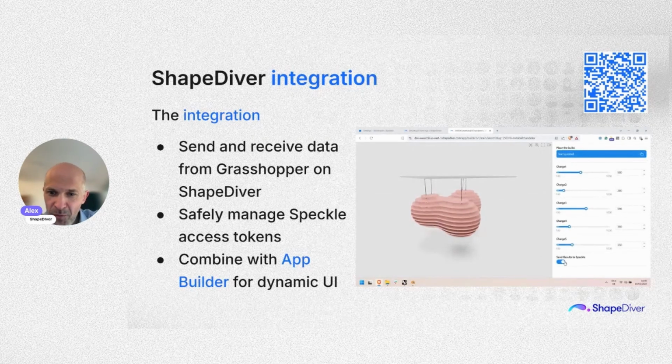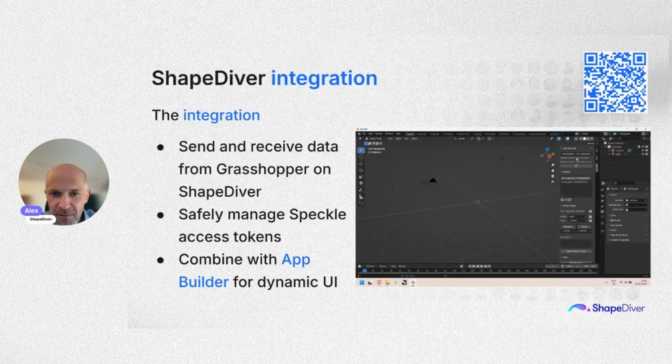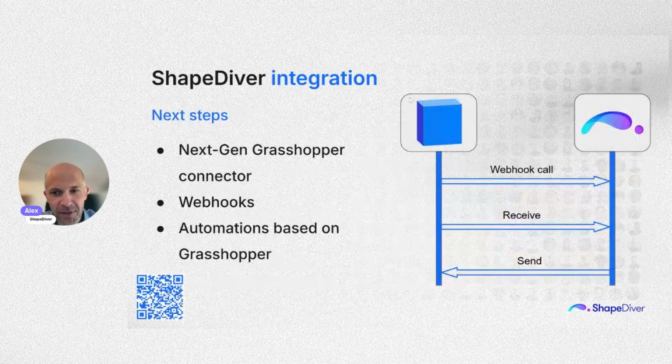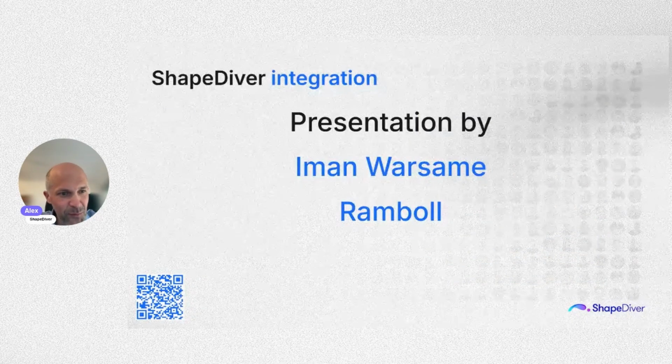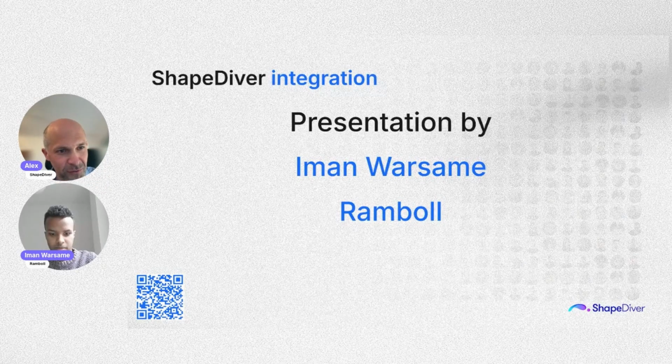In this example, we see data being sent to Blender, where the design that was just created is loaded using Speckle's Blender connector. All right, now let's head over to Iman for a presentation of a real-world use case at Ramboll.